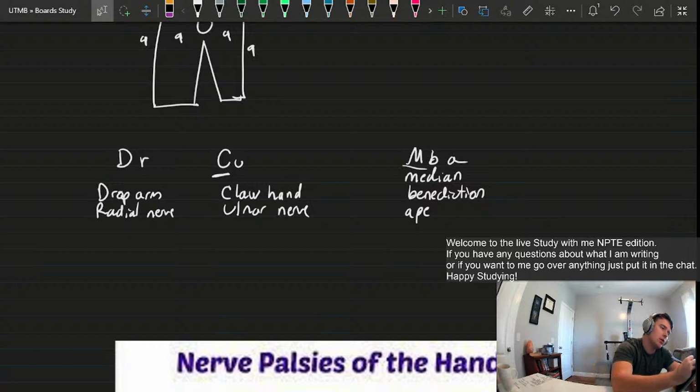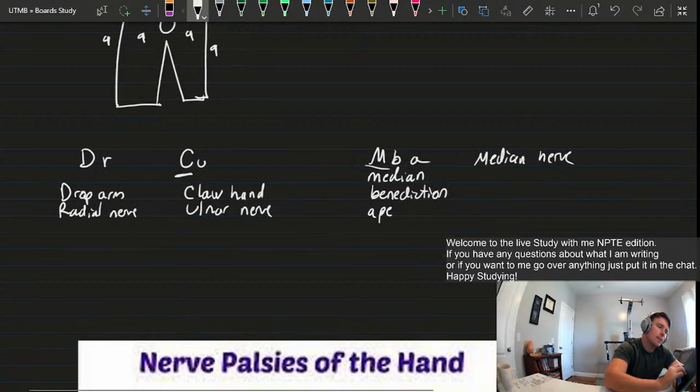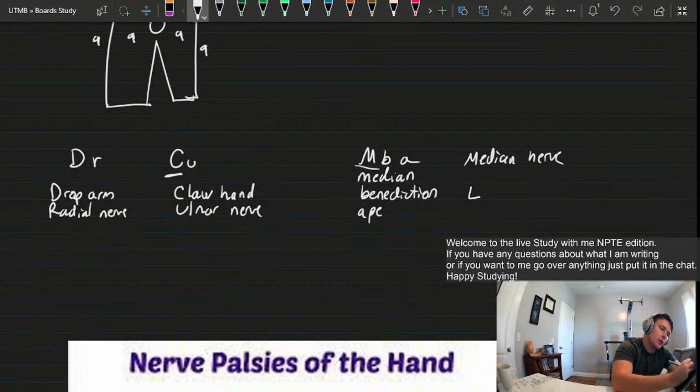So the median nerve, I remember LOAF, L-O-A-F, which are the lateral two lumbricals.